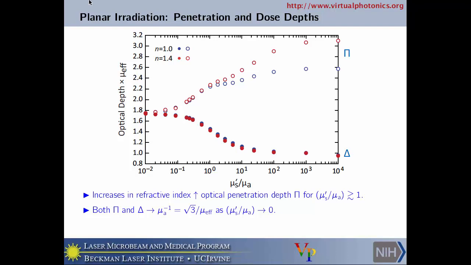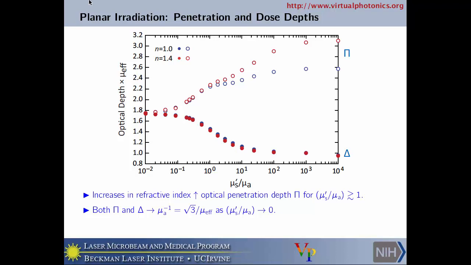So what you find, let's just look at the dose depth. It's kind of the easiest to interpret. The refractive index mismatch does not really affect that much where most of the light is absorbed in the tissue. What you do see is that as you get to very, very high scattering, the dose depth is essentially 1, which means that it's equivalent to 1 over mu effective, which is, in the literature, if you read in diffuse optics, they say the penetration depth is 1 over mu effective, okay?